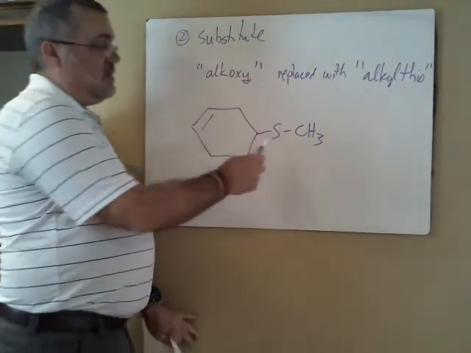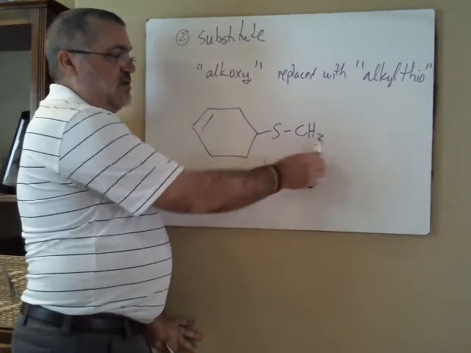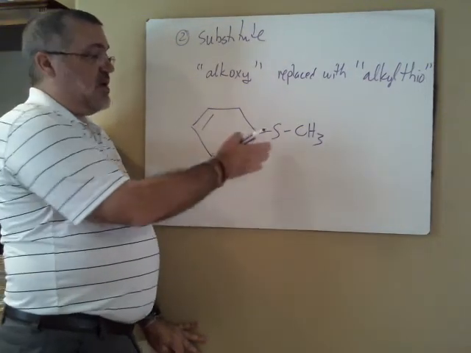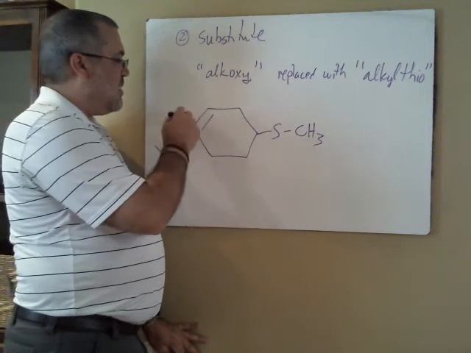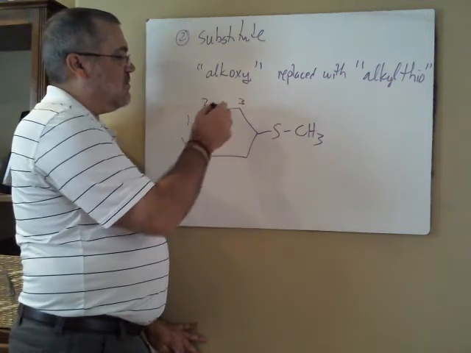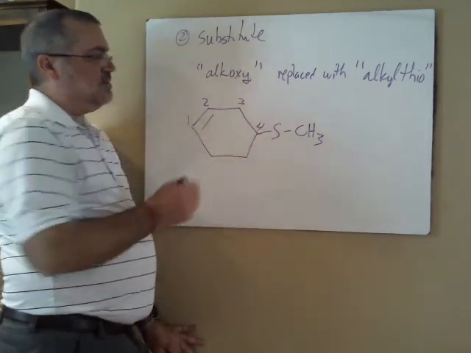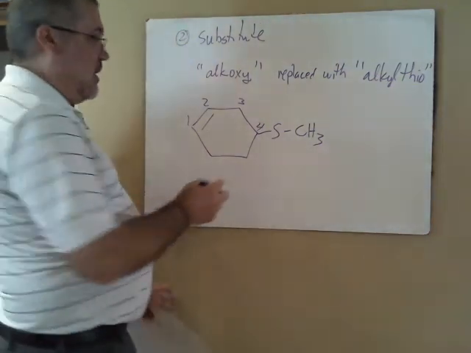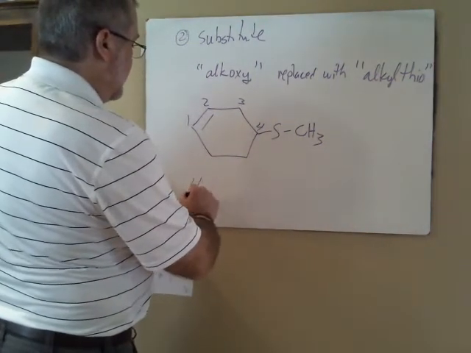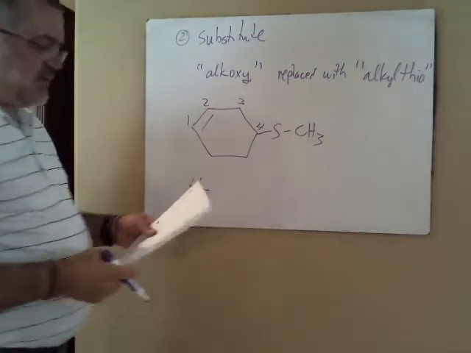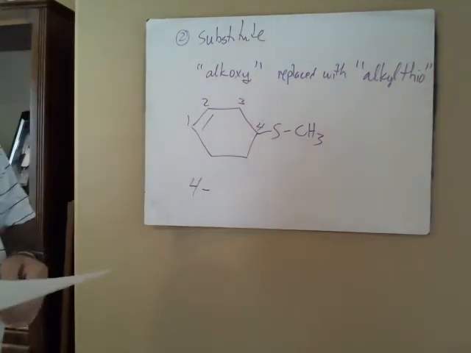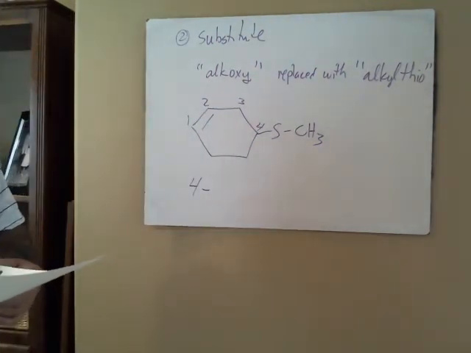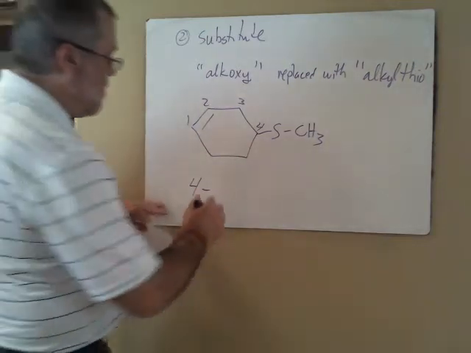And so then the sulfide functionality, I'm going to name it as a substituent. So again, I'm going to number like we learned for cyclic alkenes. And then the substituent is in the 4 position. And what is the substituent? It's methylthio.